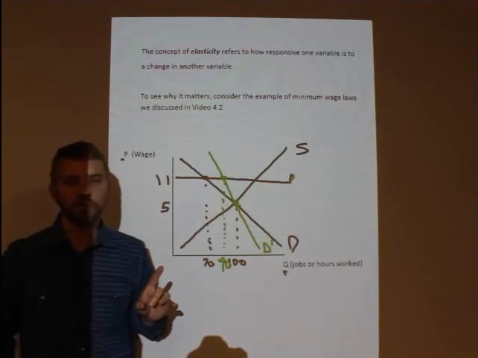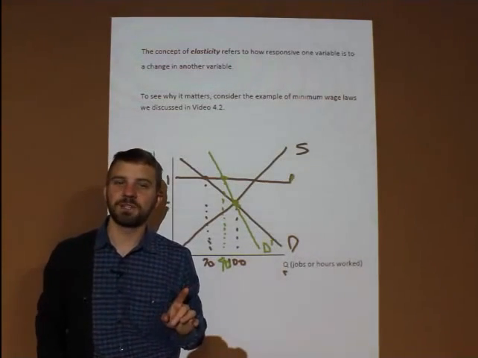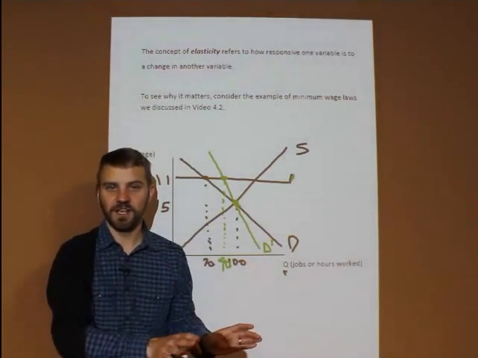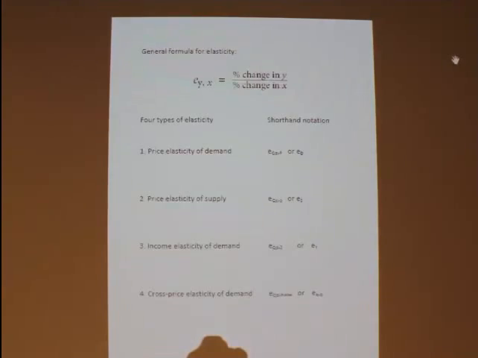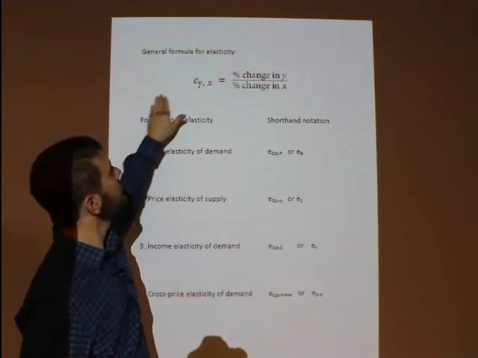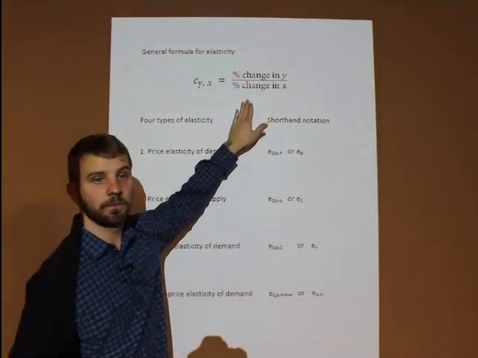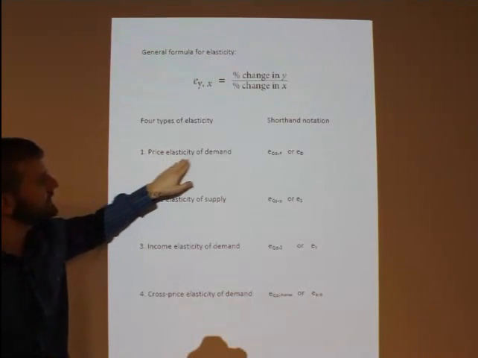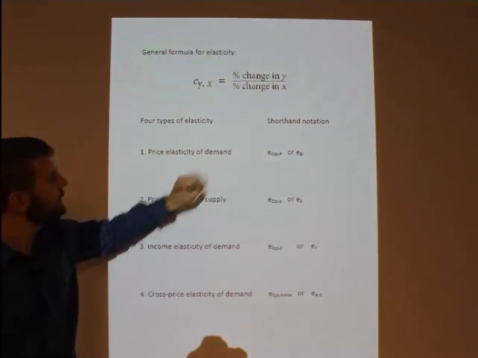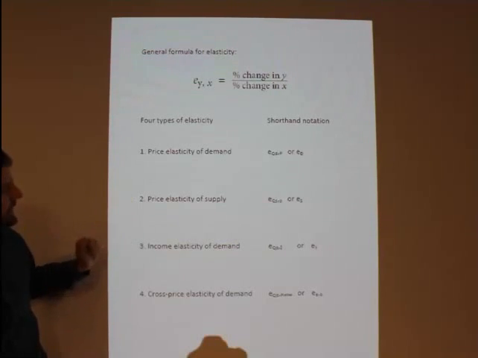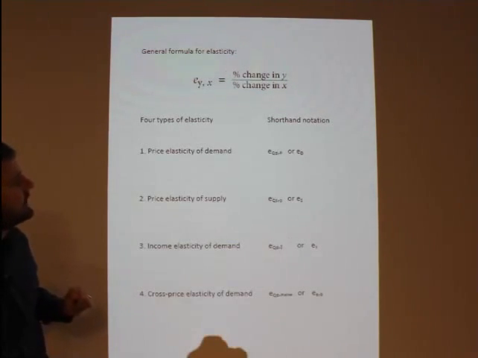Though I do want to caution you one very important thing. The concept of elasticity and the slope of the line are different. They're related, but they're different. In this chapter, we're going to talk about 4 different types of elasticity. All of them use the same general formula. The one we talk about in this video, in this section, 5.1, is price elasticity of demand. But we'll talk about in the subsequent videos price elasticity of supply, and then also income elasticity of demand and cross price elasticity of demand.